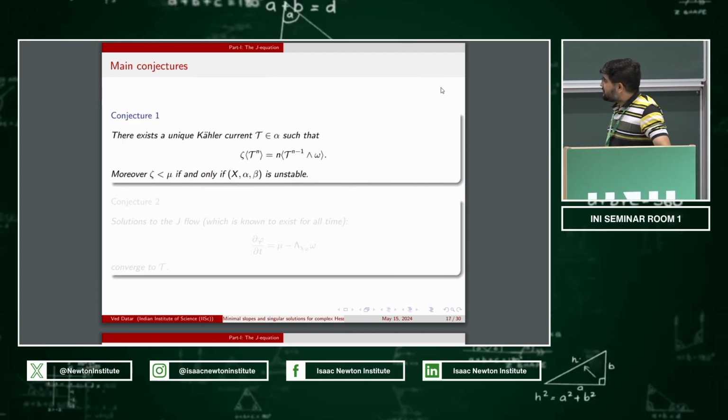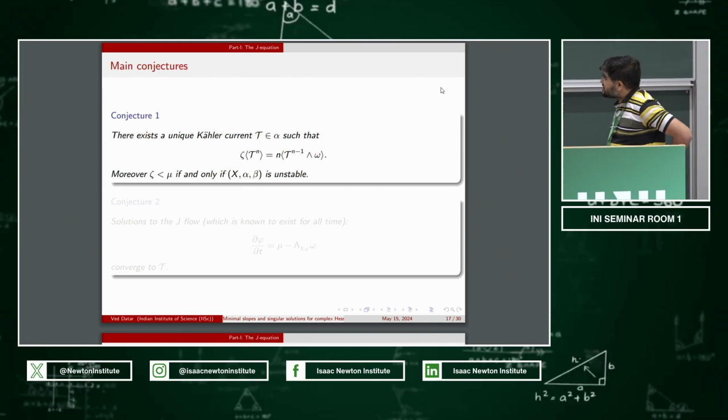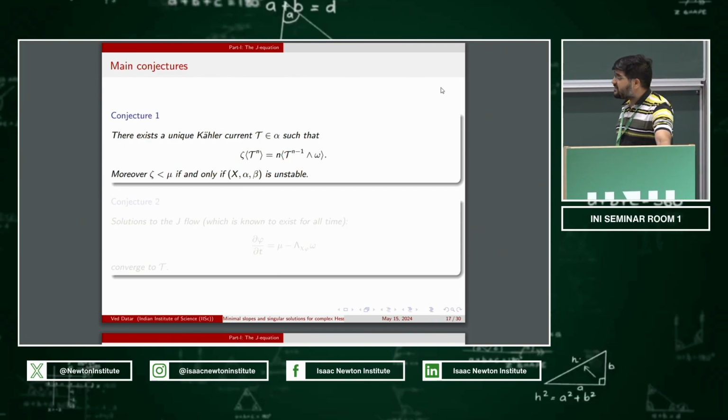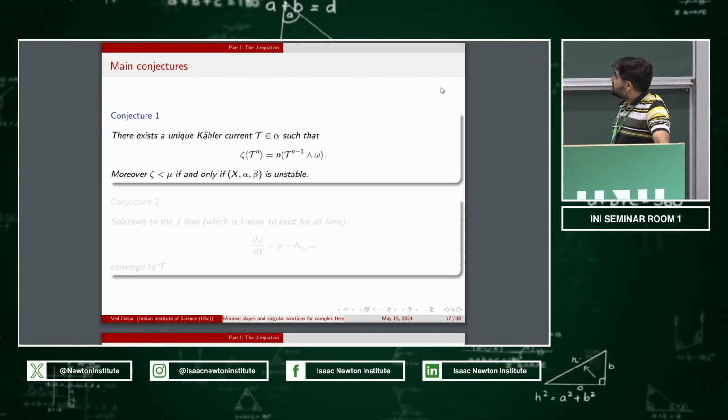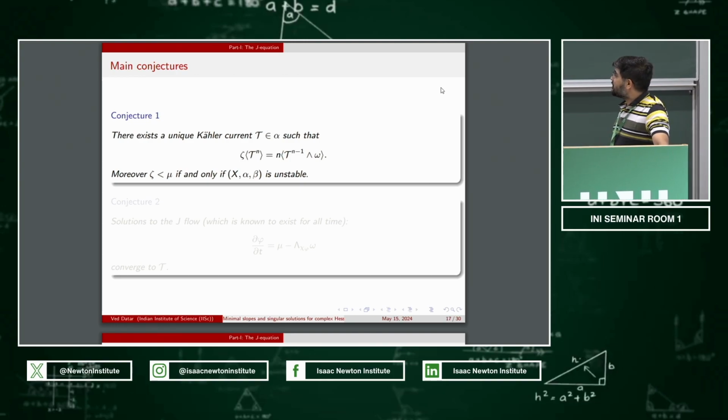And then we have the following conjectures. Firstly, we conjecture that there exists a unique Kähler current T in alpha which solves the J equation, but now the wedge product is replaced by this non-pluripolar product, and the main thing is that the slope is now modified. So you no longer solve it with the original slope but with a modified slope.